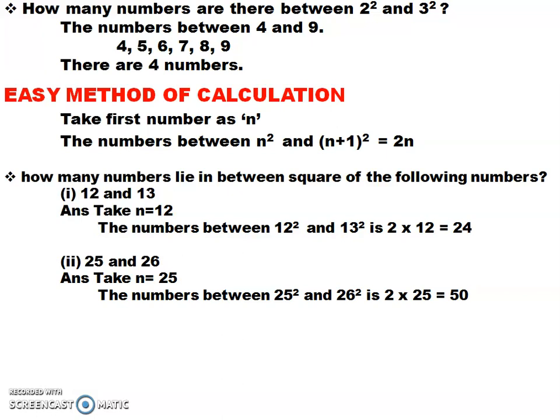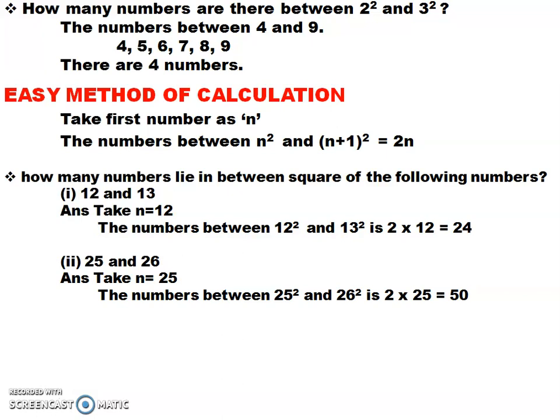Hope it is clear. Next, 25 and 26. Which is the smallest number? 25. How will you find the number of non-perfect squares? 2 into 25, that is 50. There are 50 numbers between 25 square and 26 square.